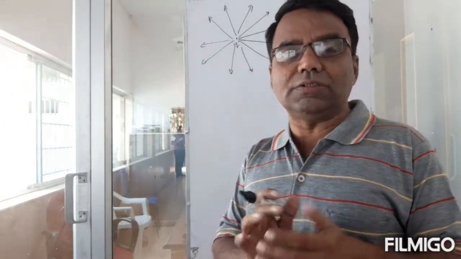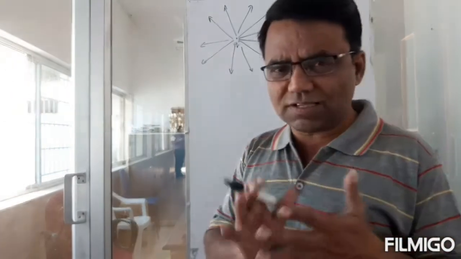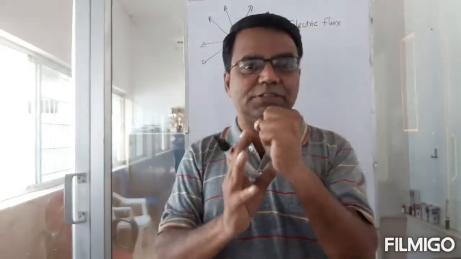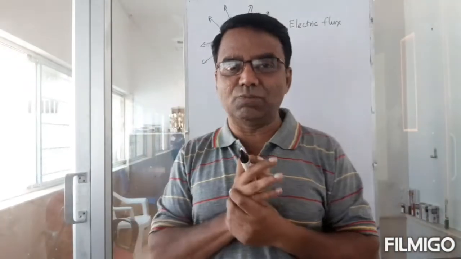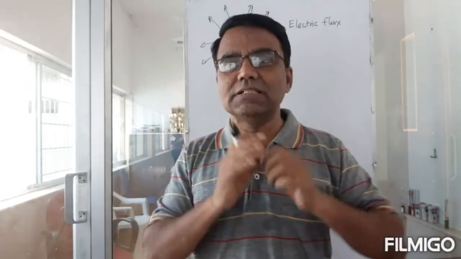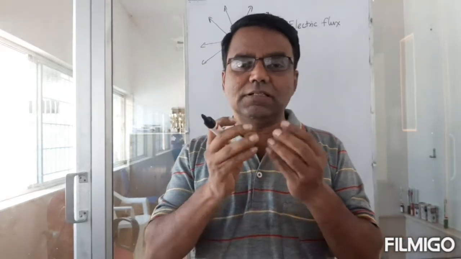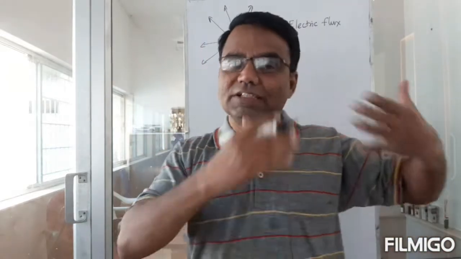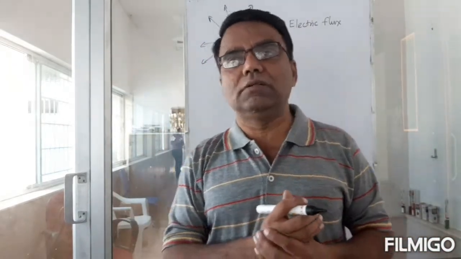Of course, it's not a constant number, but I think you can get the idea. From a charge, you draw a certain number of lines, and this number of lines that you've drawn is the flux. Keep it that way. It's a crude way of understanding what I'm going to talk about, but we'll refine it as we go along.